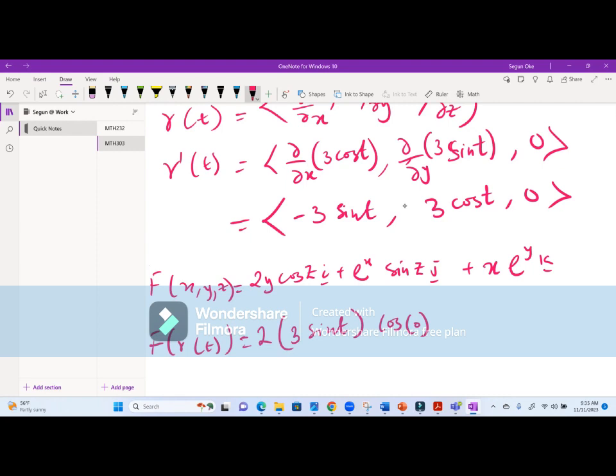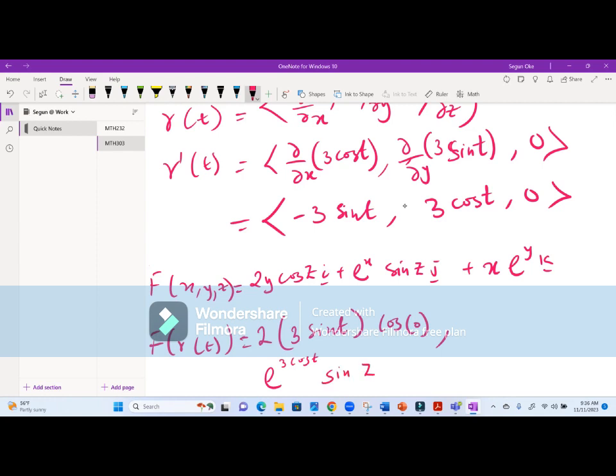Then that is for the i component. You agree with me? Yes, sir. For the j component, what do we have? Exponential. What is x? X is 3 cos t. Exponential 3 cos t, sine what?